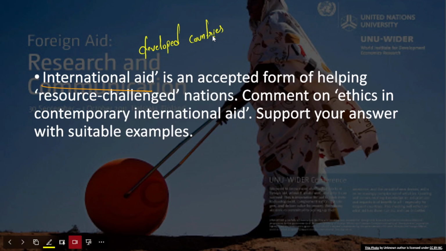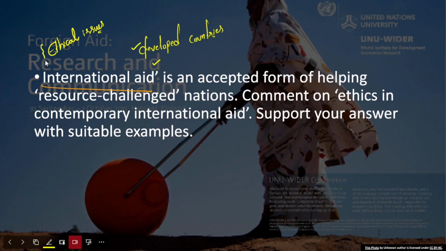Not just that, even in order to fulfill certain narrow political goals of developed countries, aid is also being given. So because of these reasons, international aid involves several ethical issues, and it is very important to address these ethical issues.